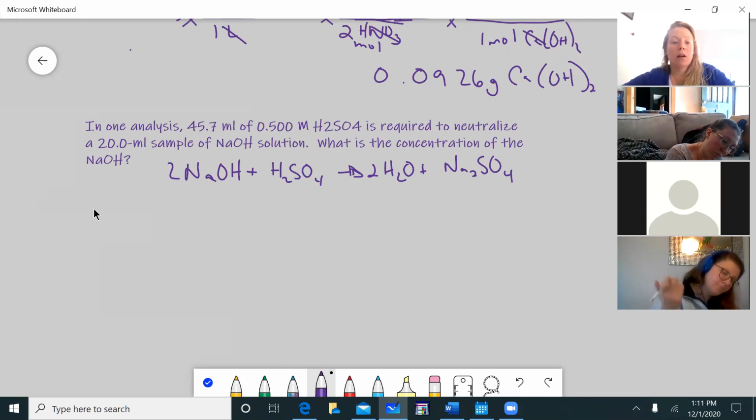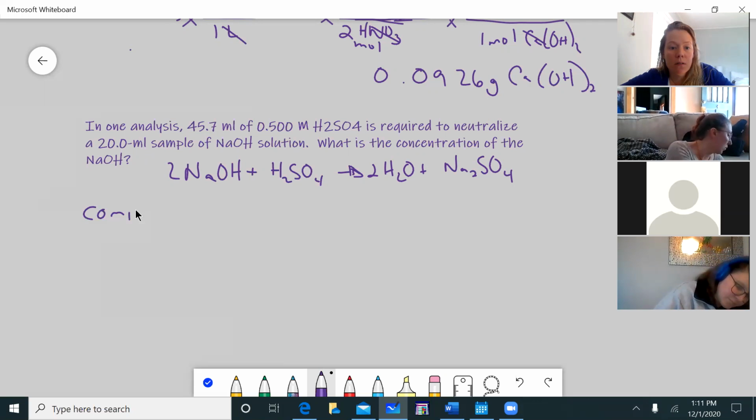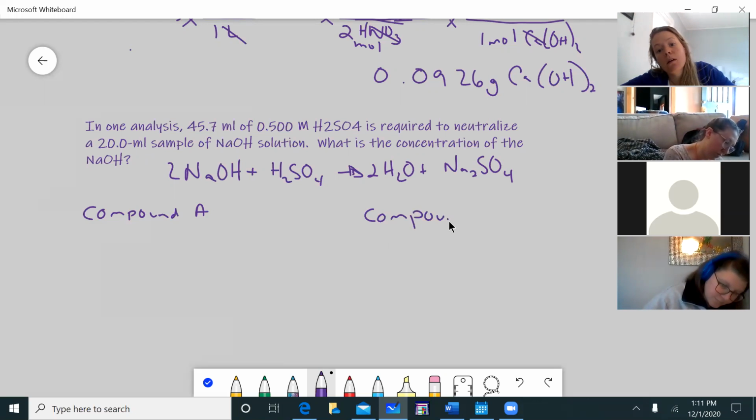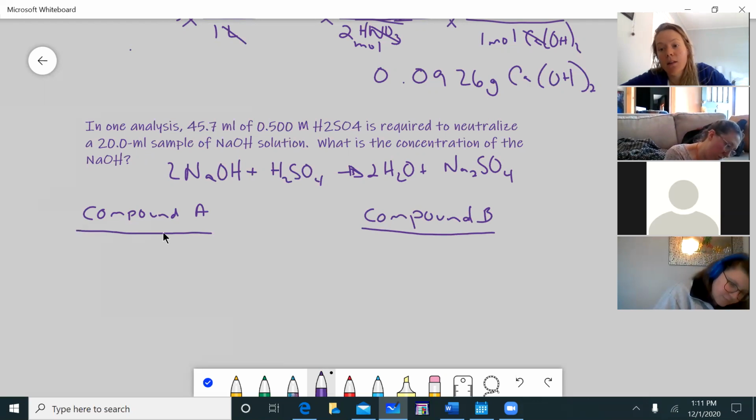Right, so start by figuring out what's compound A and what's compound B. What is given for each of them, what you're trying to find, and then look at your flow chart and figure out how to get there. So I'm going to give you all about 7 minutes for that one. That's a nice problem to work on. Obviously, while you're working on it, if you have a question, let me know.